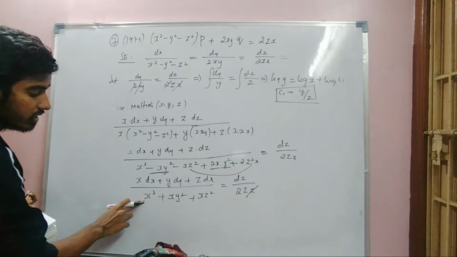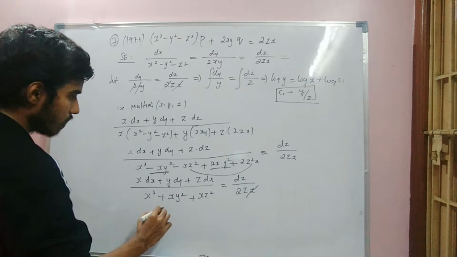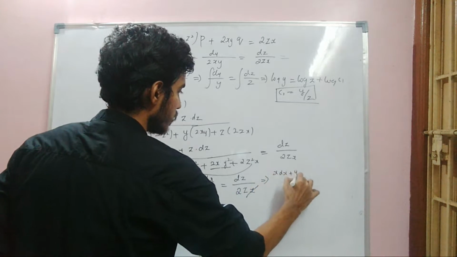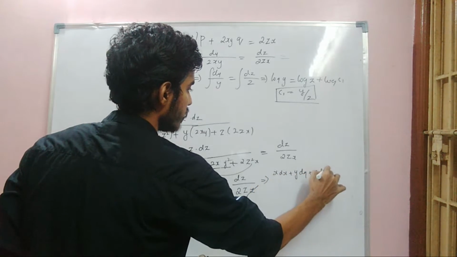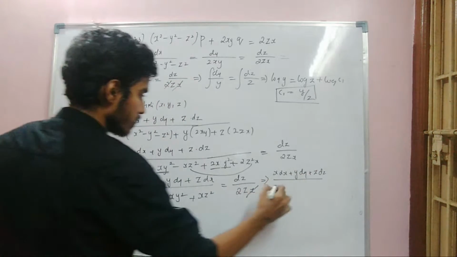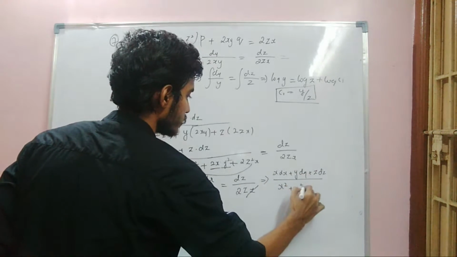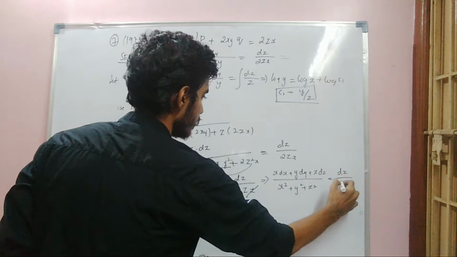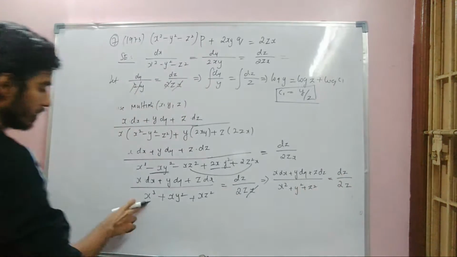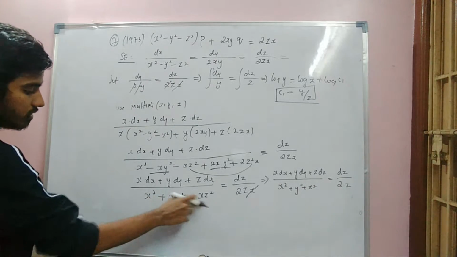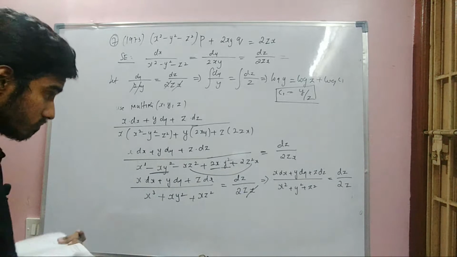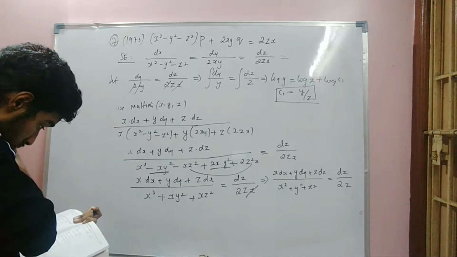So this equation turns out to be x dx plus y dy plus z dz divided by x square plus y square plus z square is equal to dz divided by 2z. So we have taken x common here, so we have x square, y square, z square and this x will get cancelled.